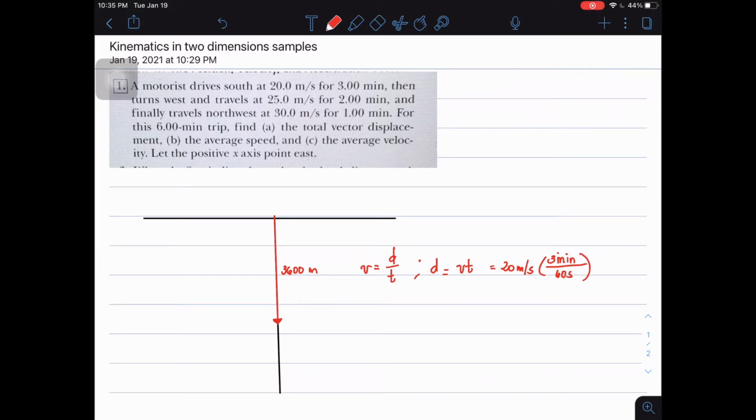Okay, for D2, we have 25 meters per second multiplied with 2 minutes. So that's actually 3000 meters.